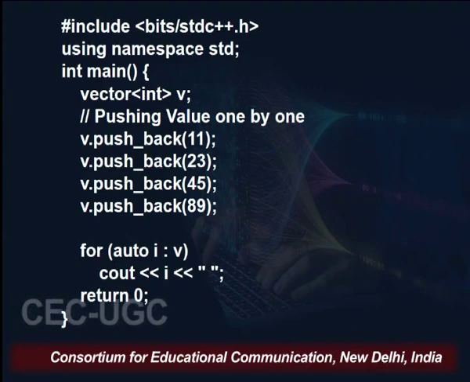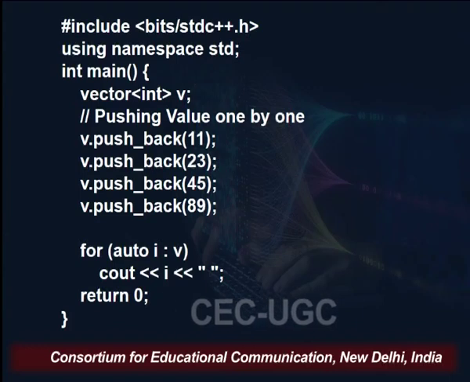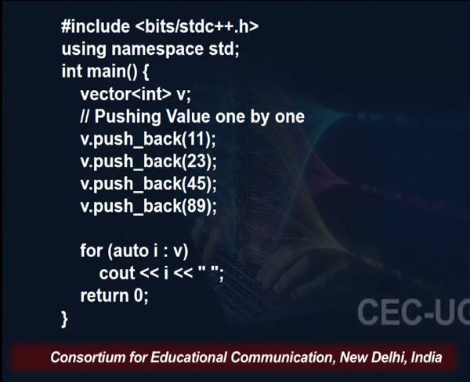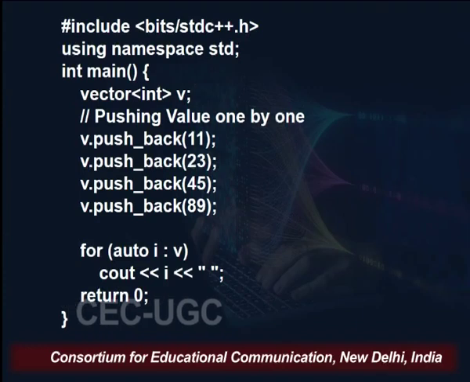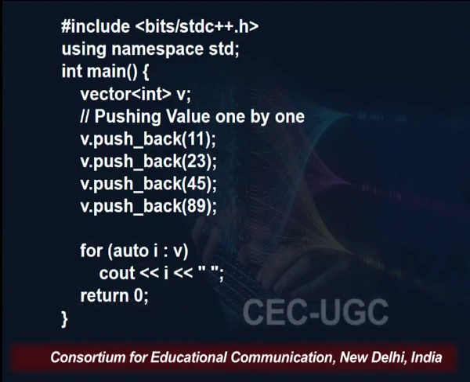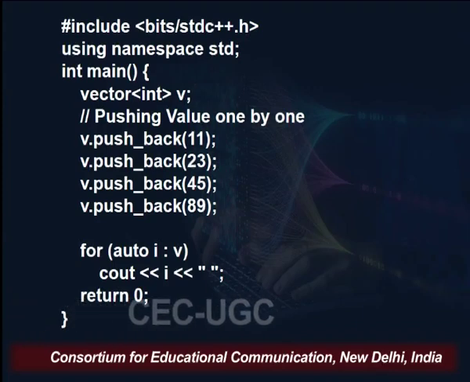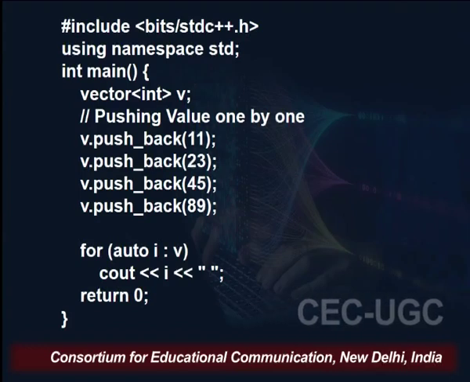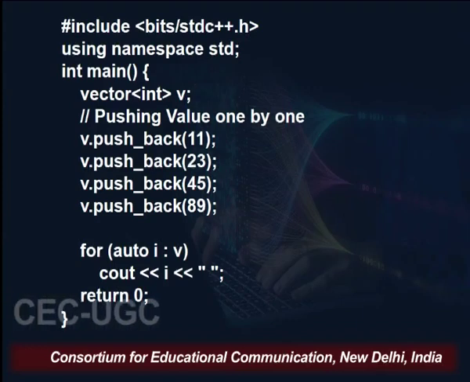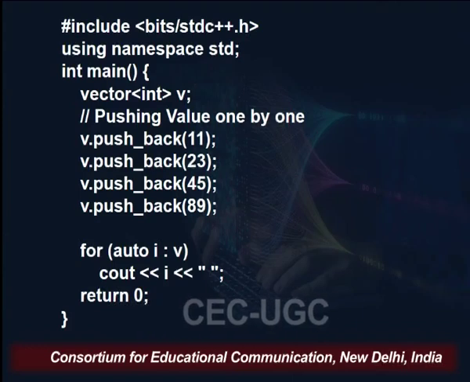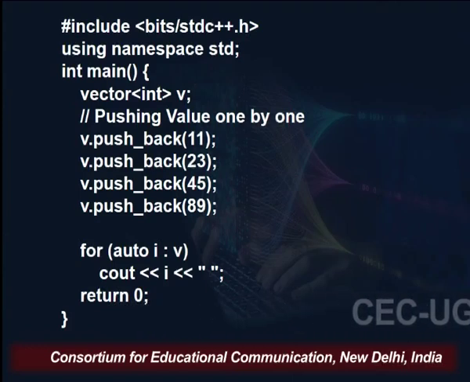So v.push_back(11), then v.push_back(23), then v.push_back(45), and then v.push_back(89), and again that same for loop which was given in the previous example for printing the elements of the vector one at a time. All these elements, which are 11, 23, 45, 89, are being printed with the help of this for loop, which is using the iterator characteristics of the vector.